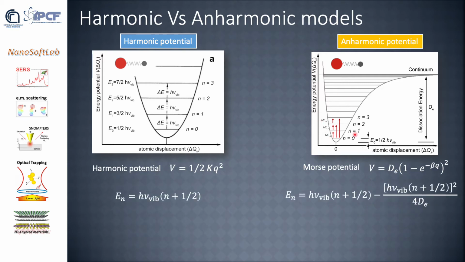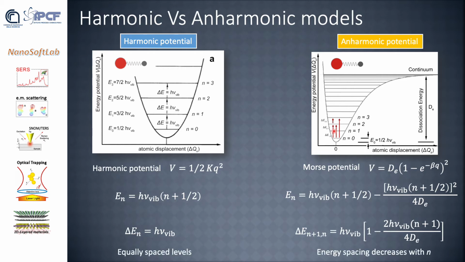There are some differences between the two potentials, and the main ones are the following. In the harmonic potential, we have seen that energy is quantized, but all quanta have the same size, h nu vib. While here we have some correction factor, as you see this term here, that makes the vibrational levels no more equally spaced, but with a spacing that decreases as n increases.